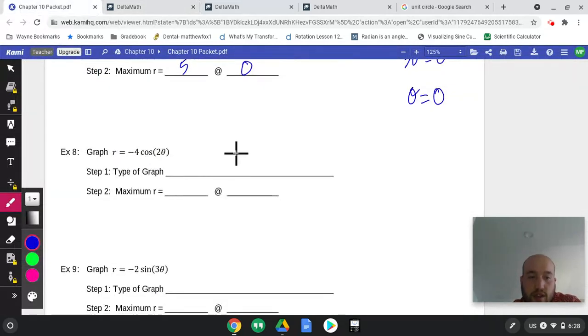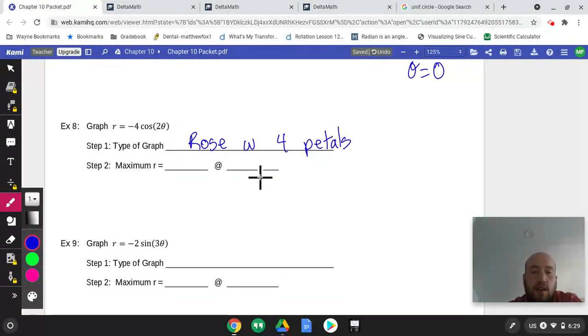This one, there's a 2 there. So still a rose, but this one will have 4 petals. Now it's tempting to say 2 petals because it's a 2, but that doubles and we get 4 petals. Okay, now if we look here, -4 cosine 2 theta. So cosine 2 theta, because it was negative, we'll set it equal to -1 because we need those to cancel out.